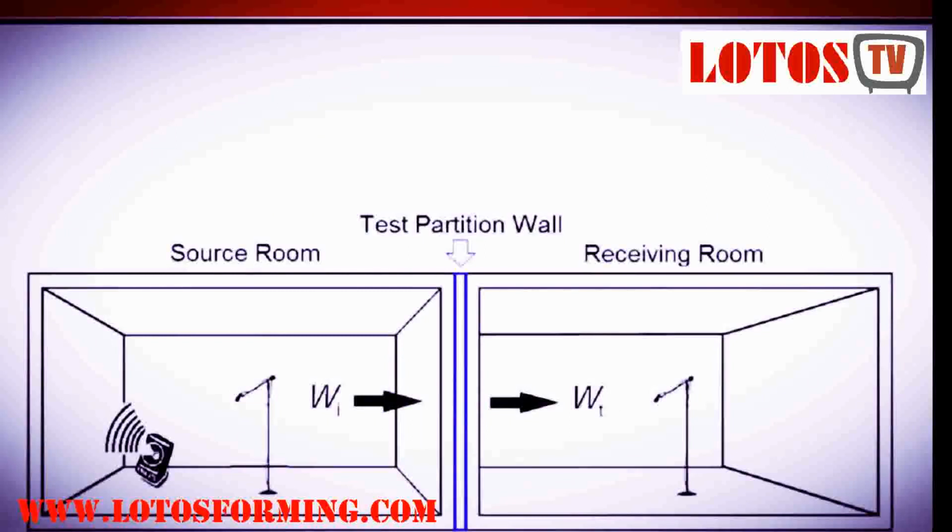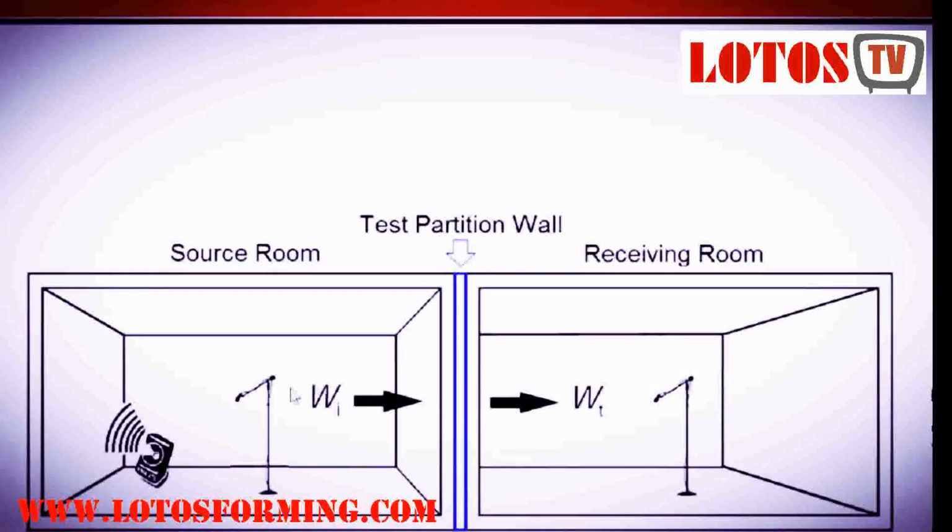So first we perform the acoustic test. As you can see here, there are two rooms. On the left is the source room, and on the right is the receiving room. In the source room, we have a loudspeaker to generate the acoustic pressure, and also microphones to measure the sound pressure in the source room, and in the receiving room we also have microphones to measure the sound pressure.